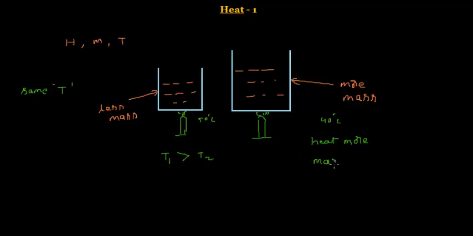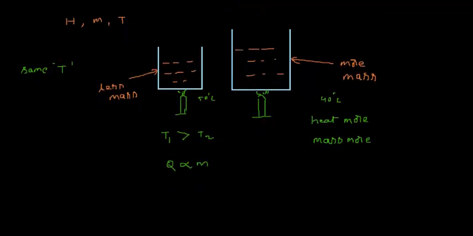That is why we can write Q is proportional to M. To attain the same temperature, more amount of heat is required by more mass. So, Q is proportional to M when delta T is constant, where delta T is change in temperature.